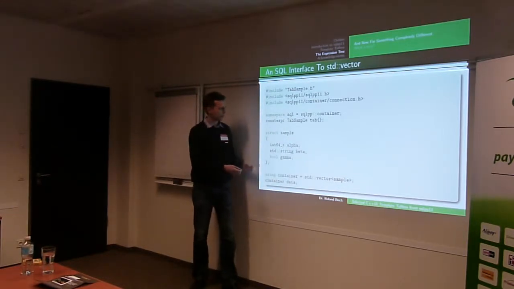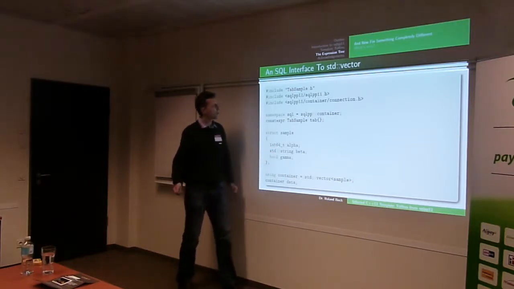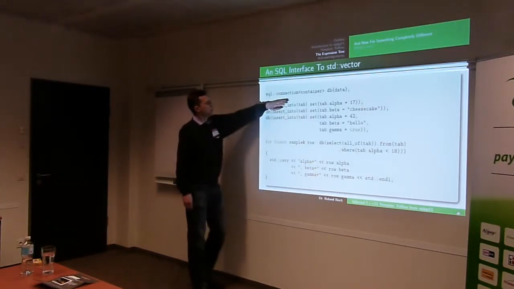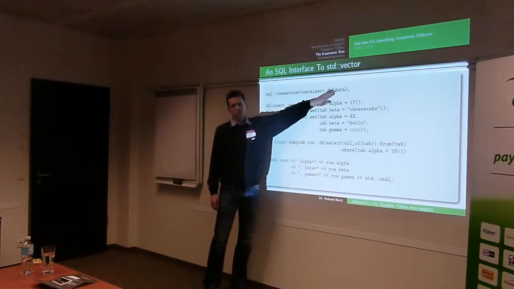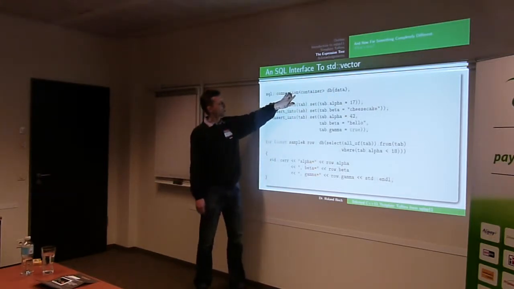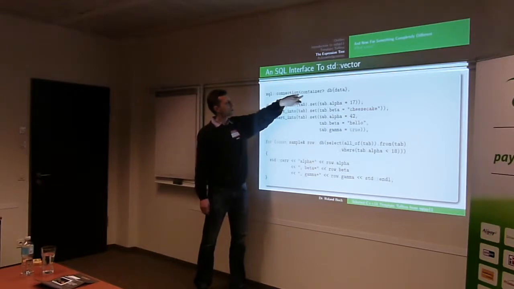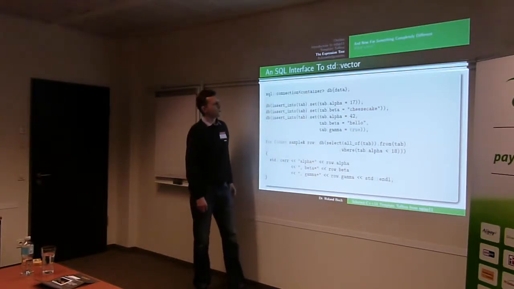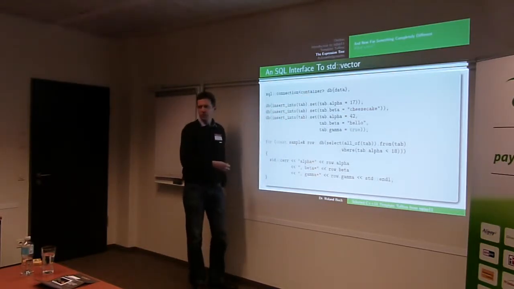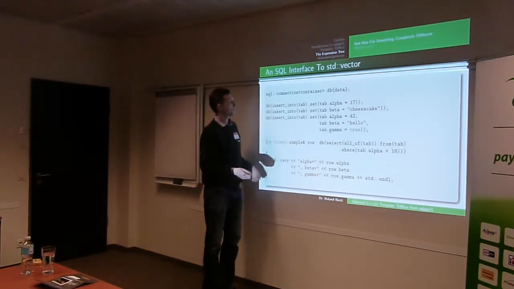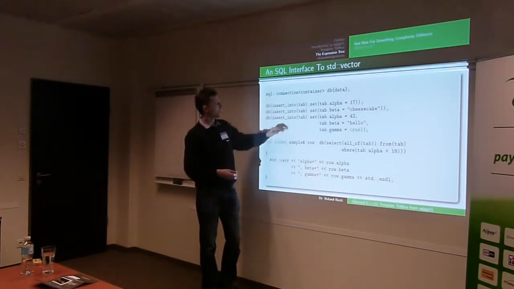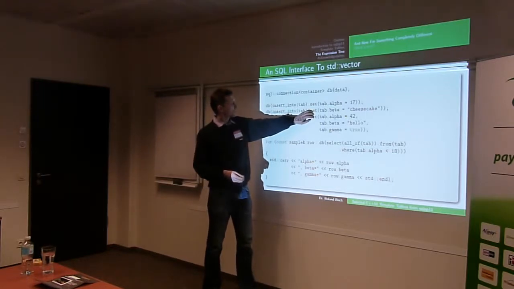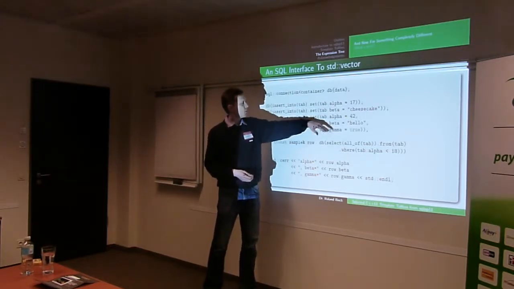Now we have an empty vector of these sample structs. And we initialize a database with this, because that's our connection to a database for containers. Now we can just insert values into it, just like into any normal SQL database, with a typical SQL syntax.